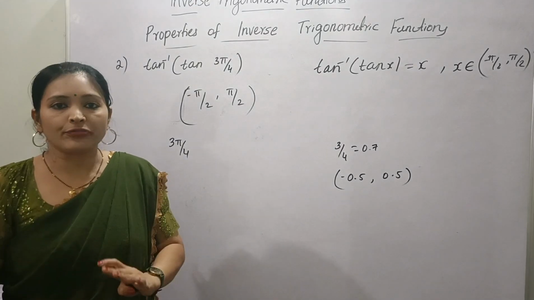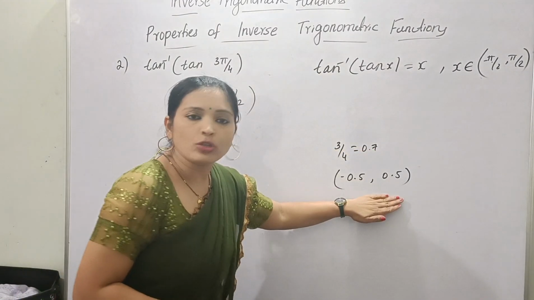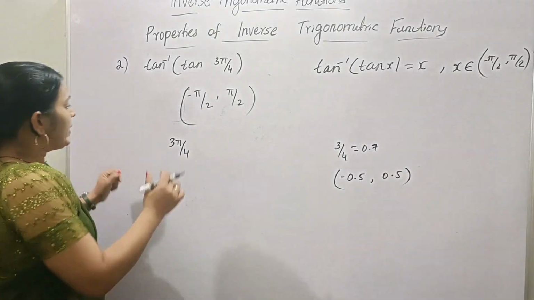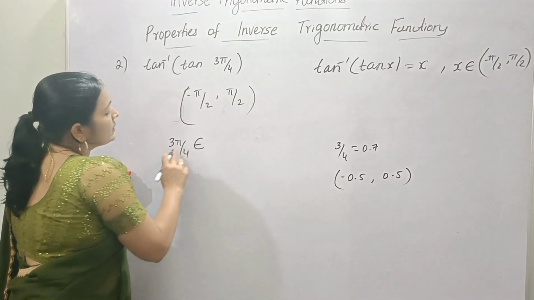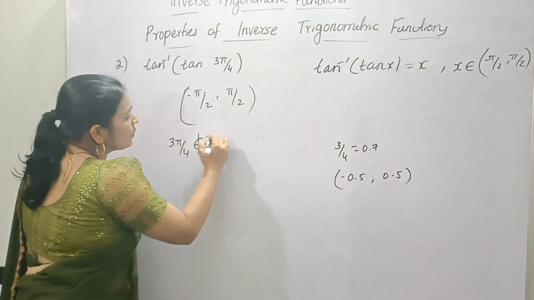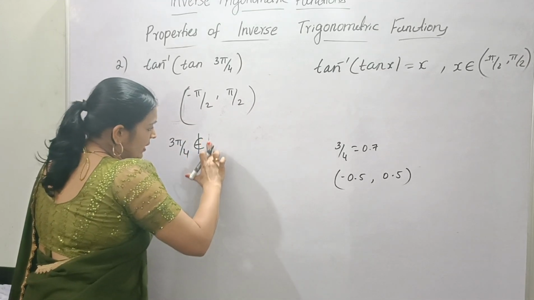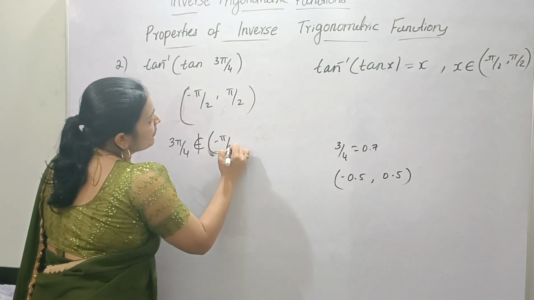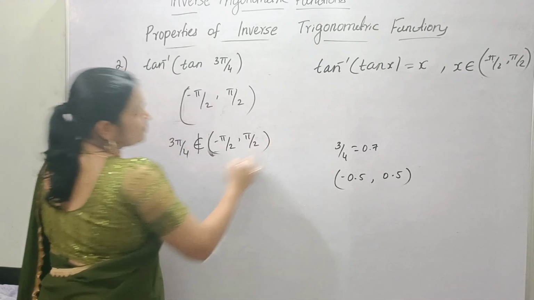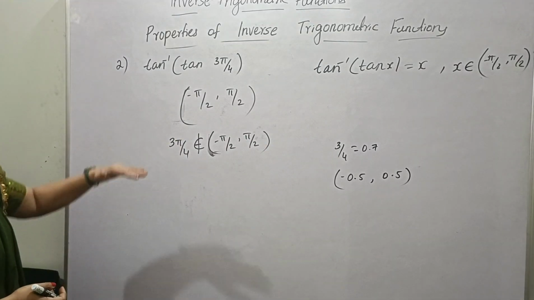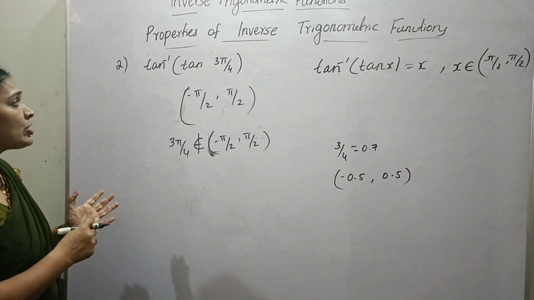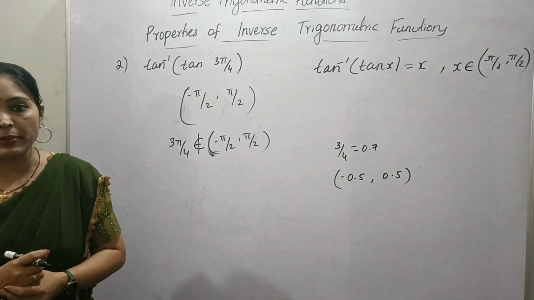It is greater than 0.5. Obviously it does not belong to this interval, right? So here we can write 3 pi by 4 does not belong to the interval minus pi by 2 to pi by 2. Therefore, we cannot directly write tan inverse of tan 3 pi by 4 is equal to 3 pi by 4.